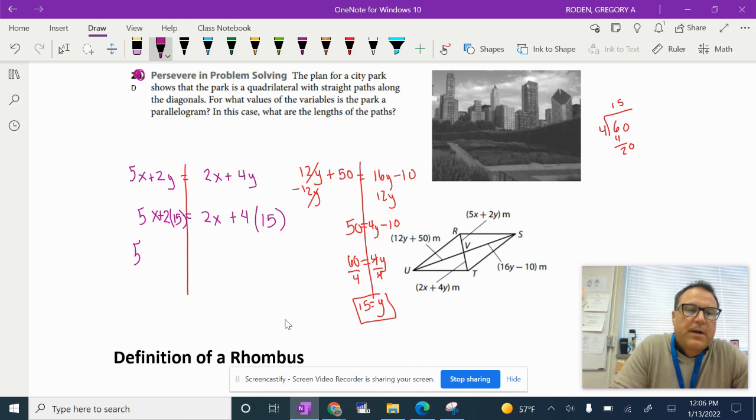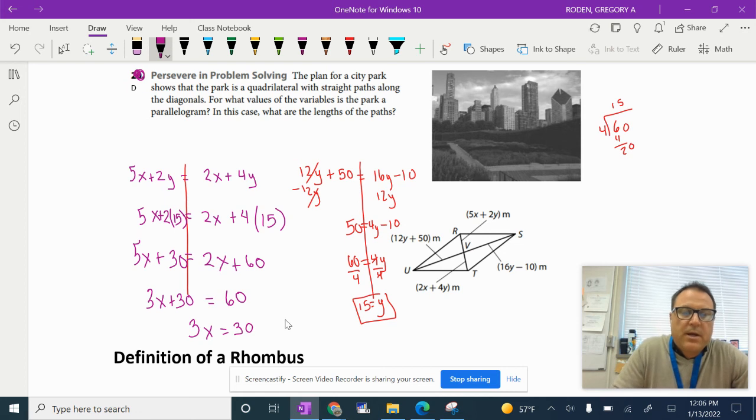So we get 5x plus 30, because 2 times 15 is 30, equals 2x plus 4 times 15, which is 60. And then I'll subtract 2x from both sides. So I get 3x plus 30 equals 60. Then I'll subtract 30 from both sides. So I'll get 3x equals 30. And then dividing by 3 on both sides gives me x equals 10.